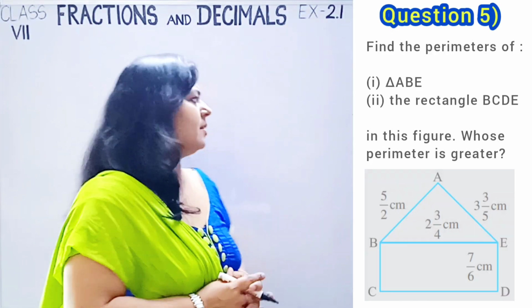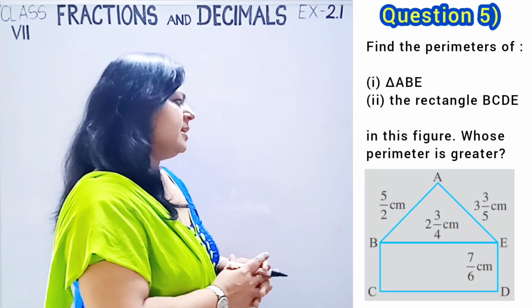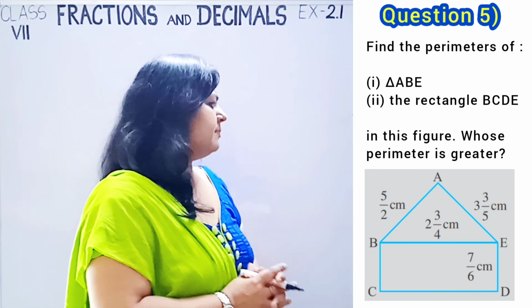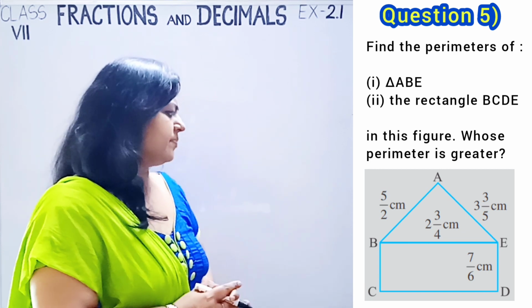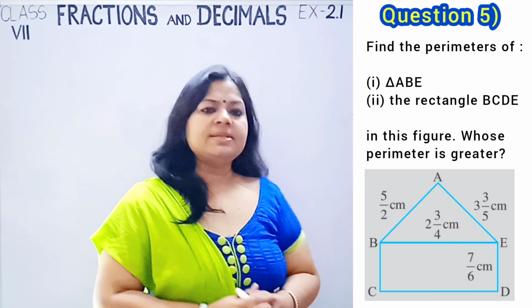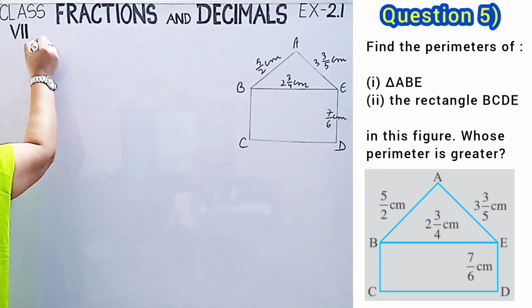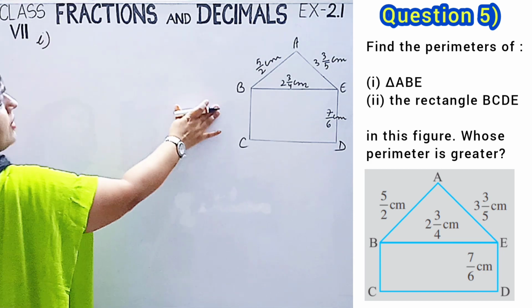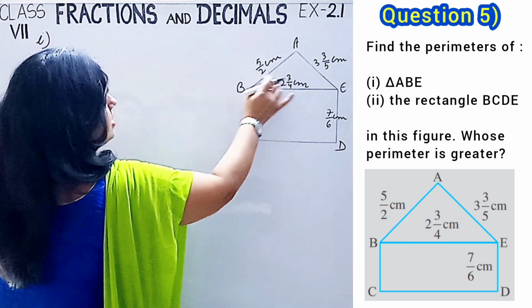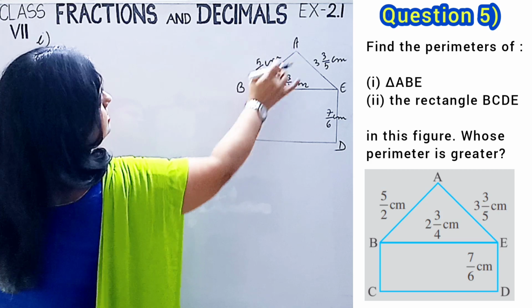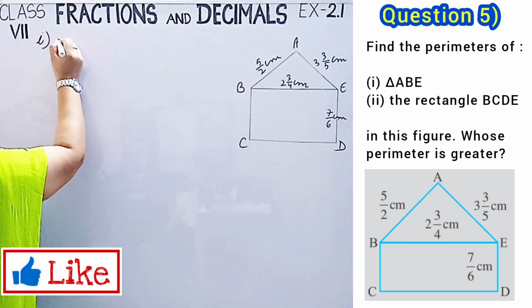Question number 5. Find the perimeter of triangle ABE and the rectangle BCDE in this figure. Whose perimeter is greater? This figure is given in the question. So first part is, we have to find out the perimeter of this triangle, and the name of the triangle is ABE.